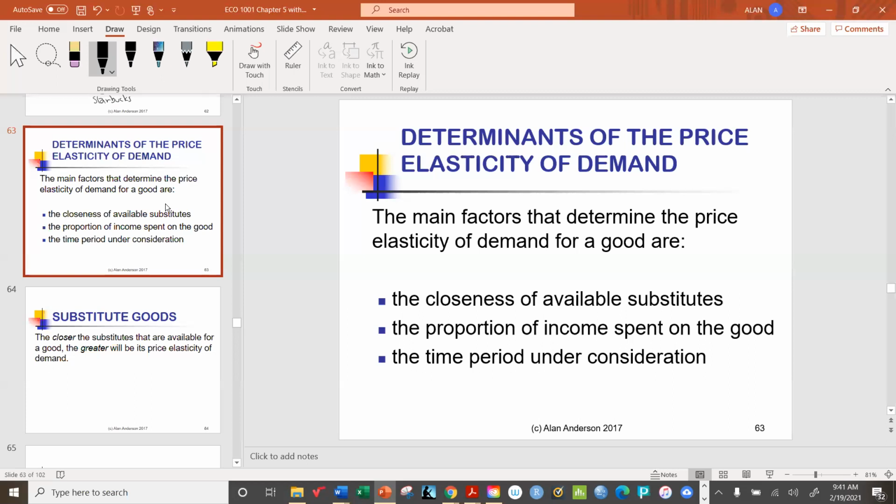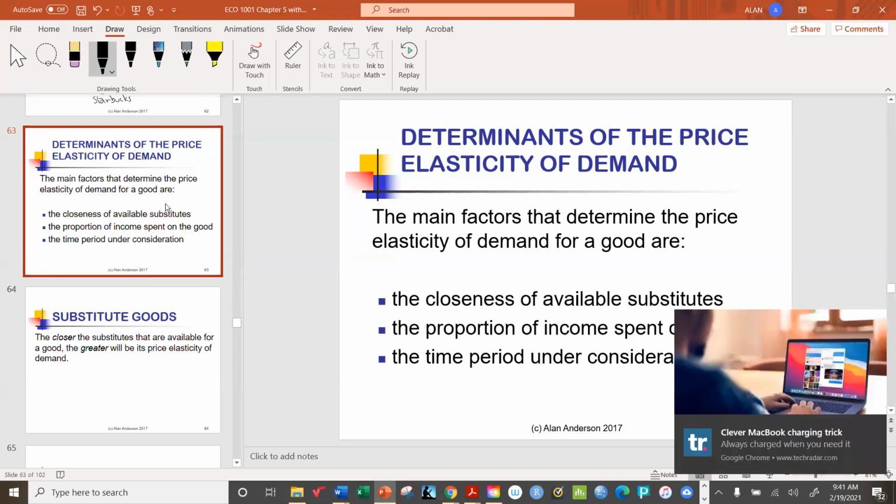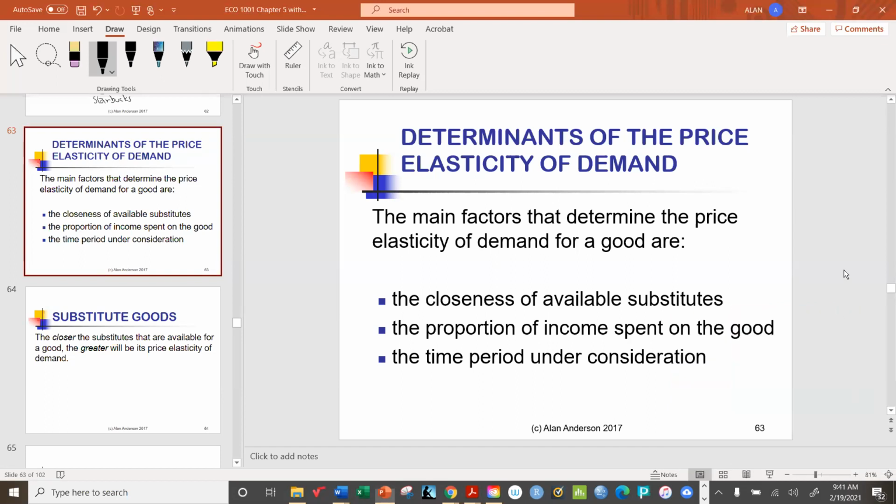You can buy a car that gets better gas mileage. You can move closer to school. You can move closer to your job. There are other things you can do in the long run that are not available to you in the short run. So the bottom line is the elasticity for any product tends to increase as time elapses, because you have more time to find other substitutes.